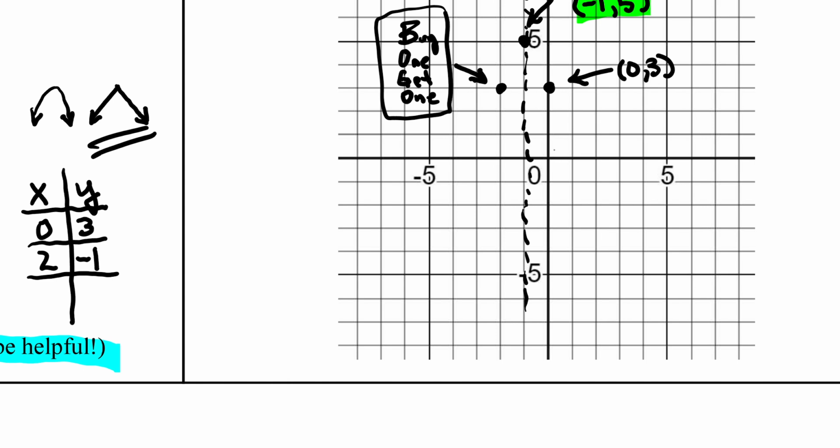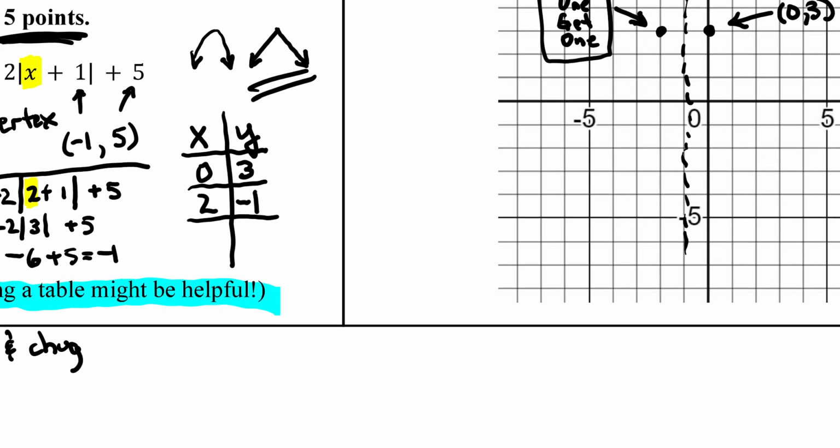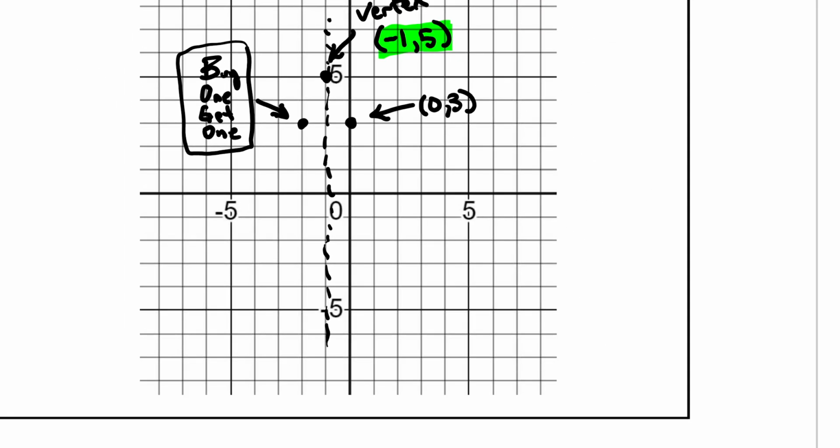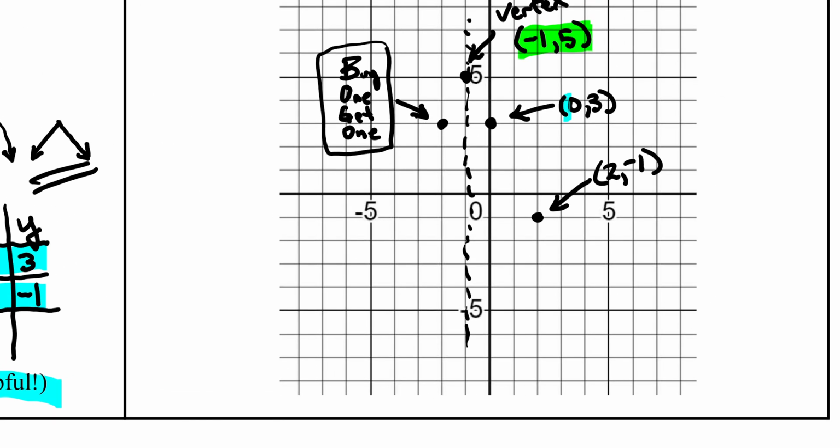Now, let's go over to 2. 2 is negative 1. So 2, negative 1, I go over, x equals 2 is right here. Negative 1 would be right here, down 1. And so that point is our point 2, comma, negative 1. 0, 3, and 2, negative 1 is this point and this point.